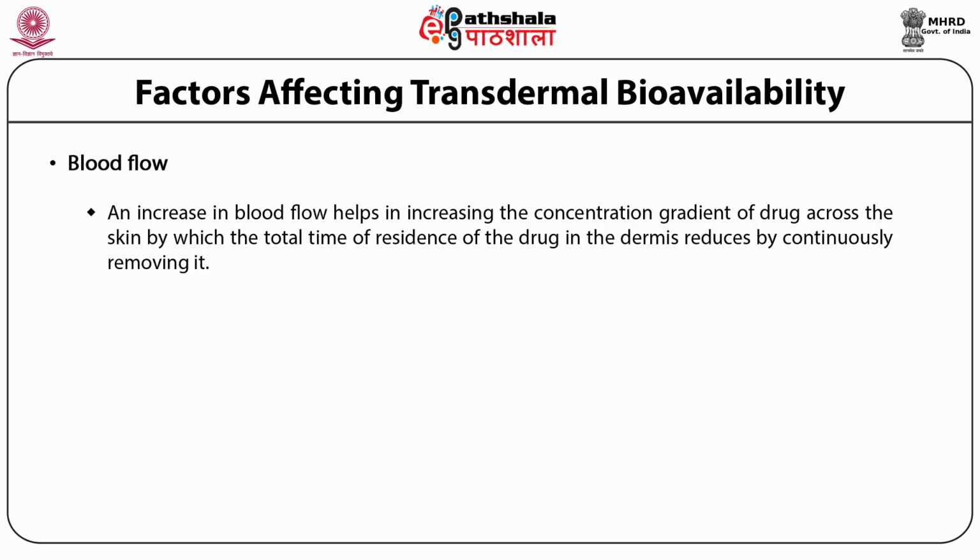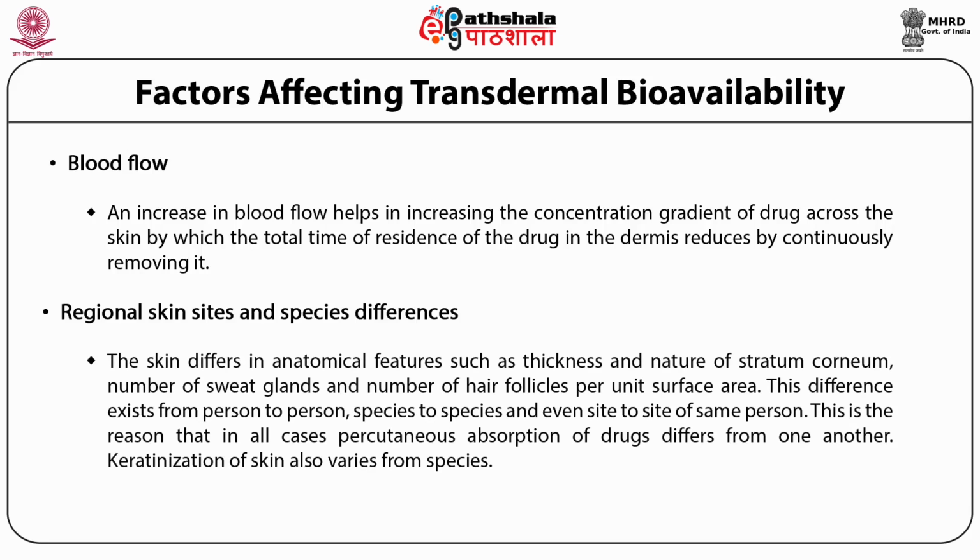The next factor is regional skin sites and the species differences. The skin differs in anatomical features such as thickness and nature of stratum corneum, number of sweat glands, and number of hair follicles per unit surface area.